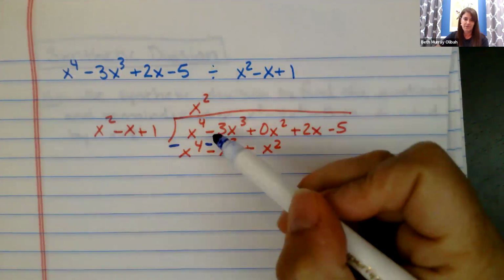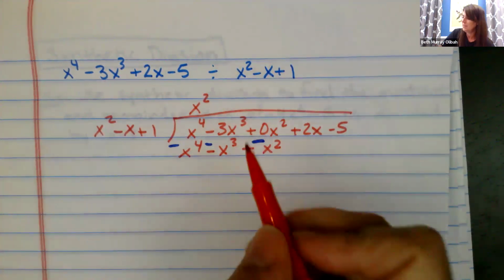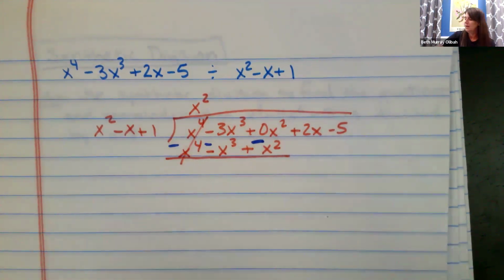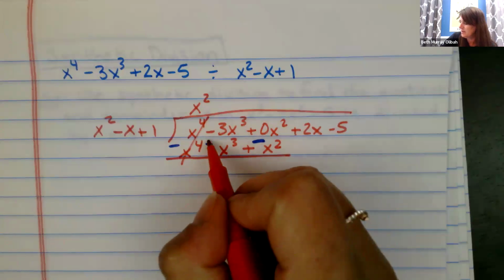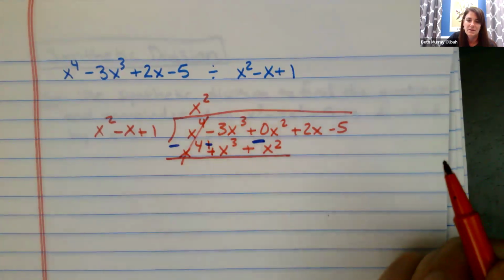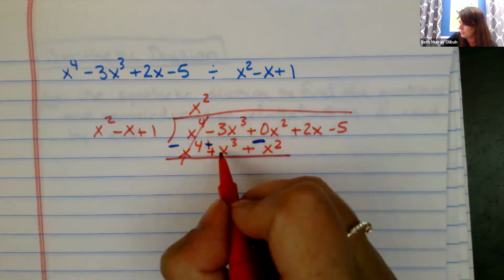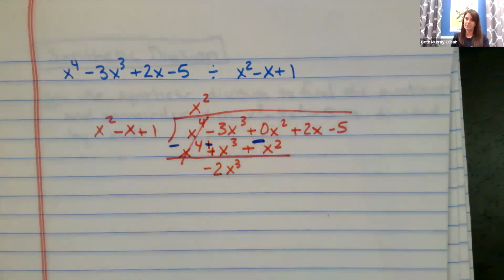So this one's going to get kind of crazy with all those negatives. Subtract. X to the fourth minus x to the fourth, gone. This one, be careful. -3 minus -1. Minus a negative is going to turn into plus. So I really have -3 plus 1. So that's going to be -2, x to the third.